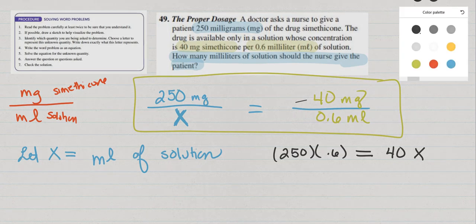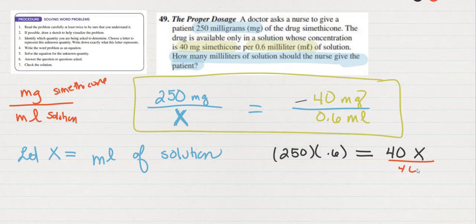So to solve, I'm going to divide both sides by 40. And when you put this on the calculator, 250 times 0.6, and then divide that by 40, I get that x is 3.75. So I can answer the question now.